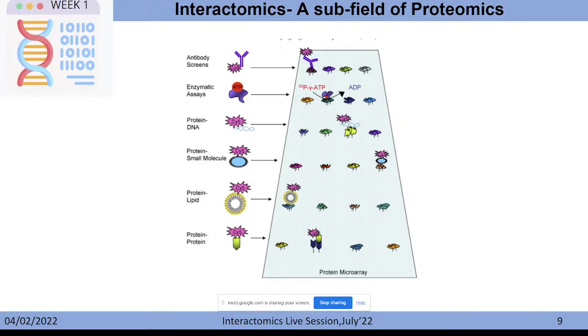Then there are protein-DNA interactions and protein-small molecule interactions. This is quite important, as whenever you apply a drug, it acts with or binds to a particular protein and tries to stop its role, or disrupt its structure or function.